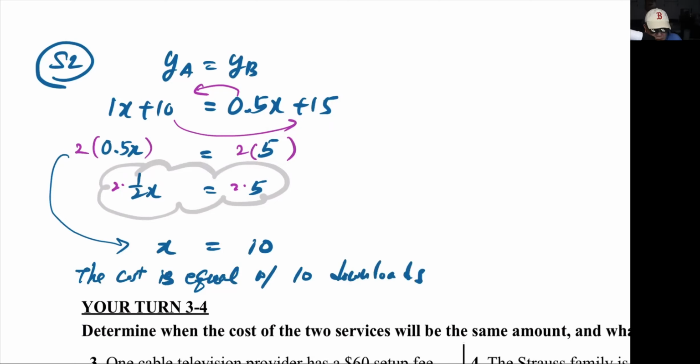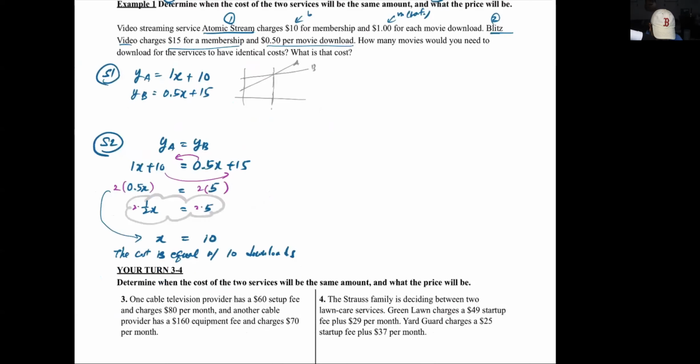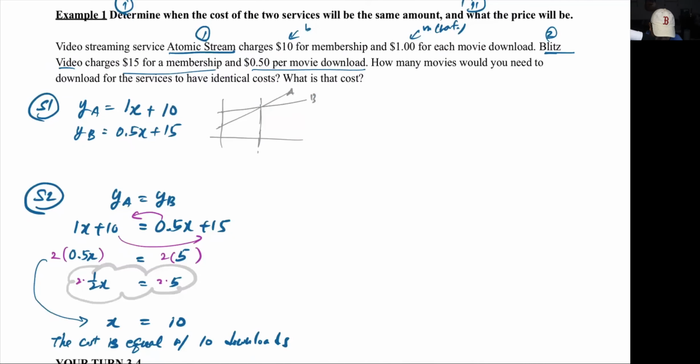You got that? Great. And we already know that B will be cheaper beyond that point, right? All right. But that's not what the question is asking at this point. So now the question is, what is the cost?